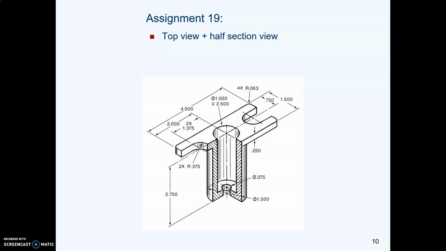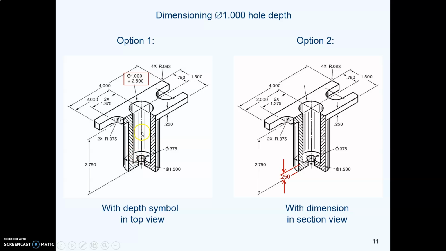This is the part that we are going to draw. We'll draw a top view of this flat bar thingy with the slots and the hole. And we'll draw a half section view down where the front view would normally go. Now, this hole inside, let's look at that hole inside.